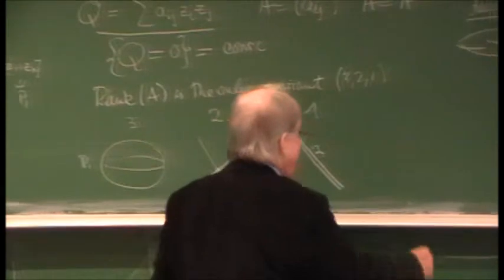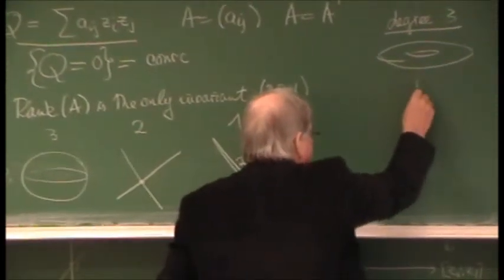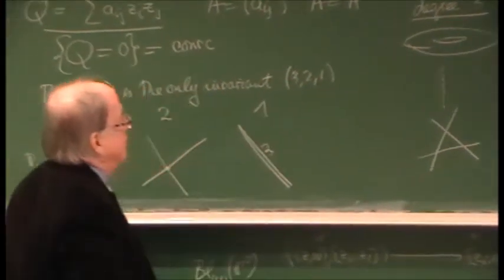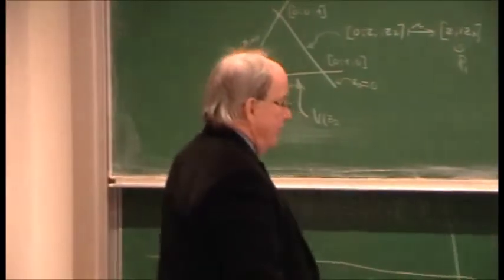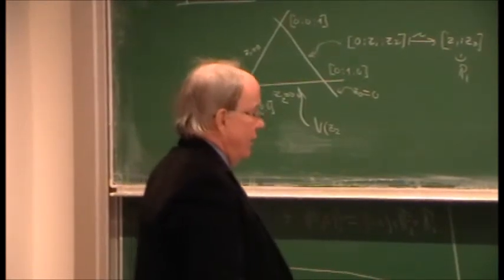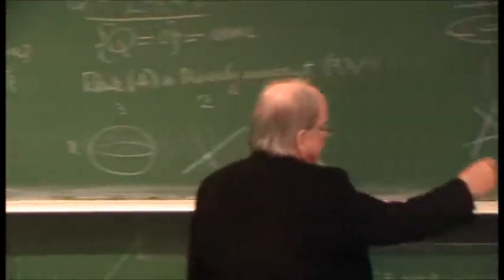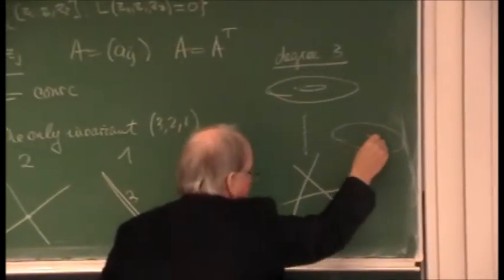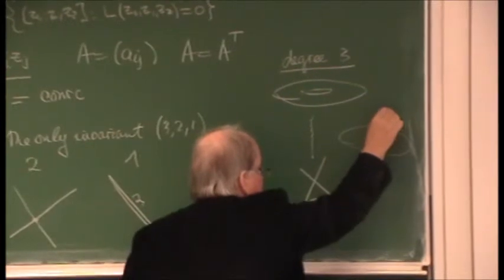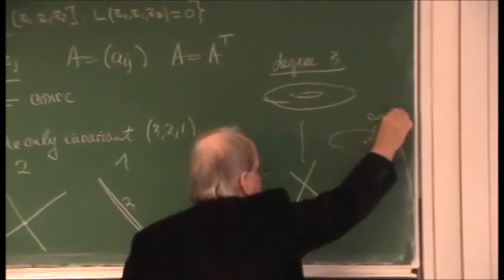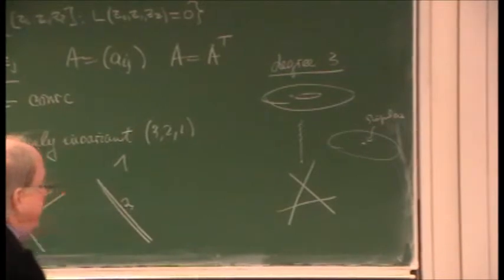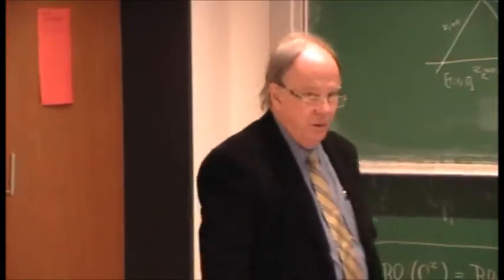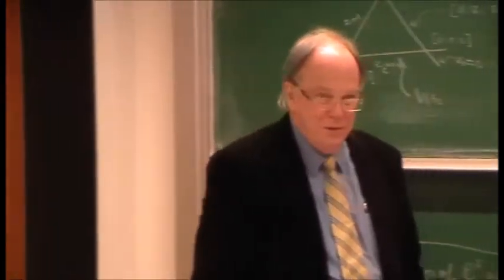One degeneration looks like this, and it degenerates into 3 lines. But there are other degenerations that are interesting that we can talk about, with various singularities. For example, one thing it can do is degenerate here, and this whole thing can come together somehow, and this would be an interesting singularity. We can talk about that. Degree 3 is, however, rather easy to understand. And then life gets interesting.